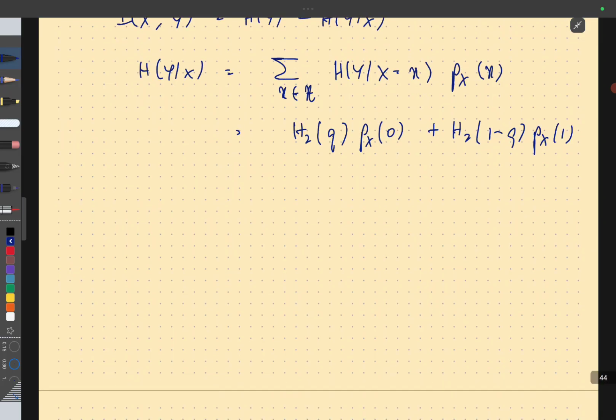So h2(q) is equal to h2(1 minus q). So this is h2(q) times p_X(0) plus h2(q) times p_X(1), which is just the binary entropy of q. So it's very easy. It has a nice simple form.